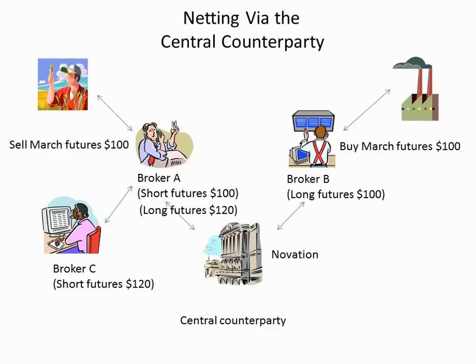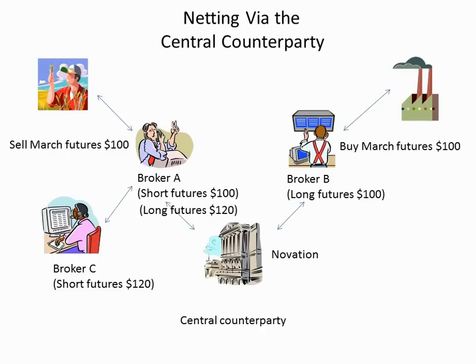Now in this case, what happens is that if you look at broker A's positions, they are both long futures at 120 and short futures at 100. In this particular example, don't forget that the clearinghouse is the ultimate counterparty in this trade, and through the process of variation margin would have been administering broker A's position over time.